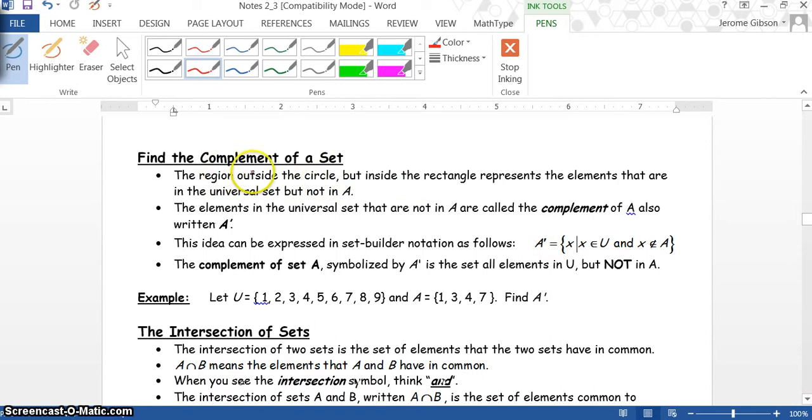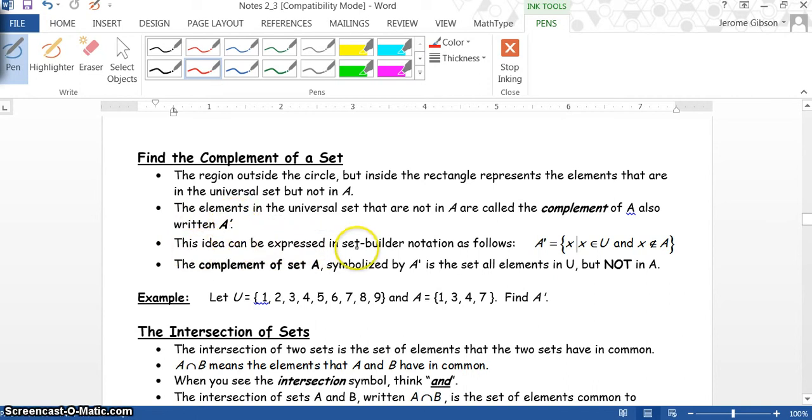Now it says here, find the complement of a set. The region outside the circle but inside the rectangle represents the elements that are in the universal set but not in A. The elements in a universal set that are not in A are called the complement of A, also written as A complement.